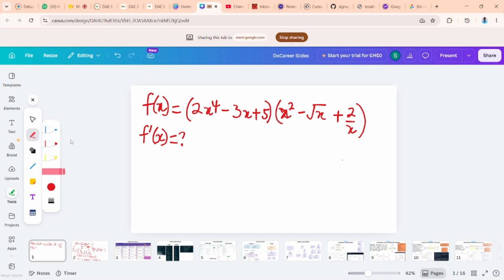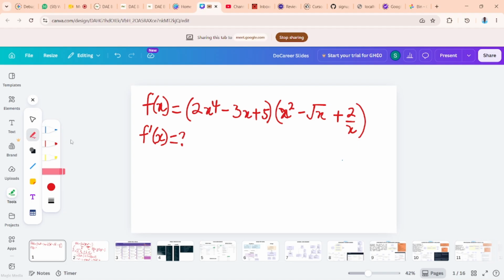What he's saying is that after I have 8x cube minus 3 multiplying x squared minus x raised to the power half plus x raised to the power negative 2, then plus, I'm here to multiply that bracket.